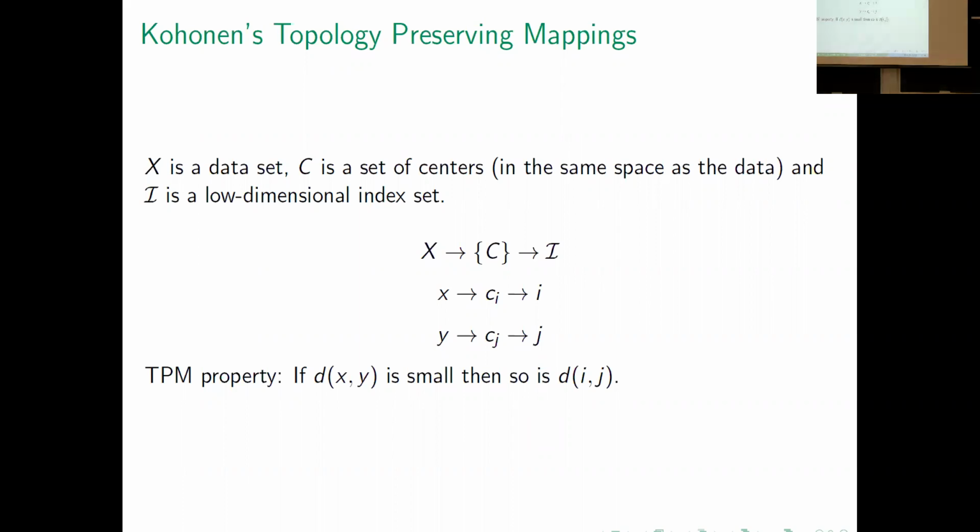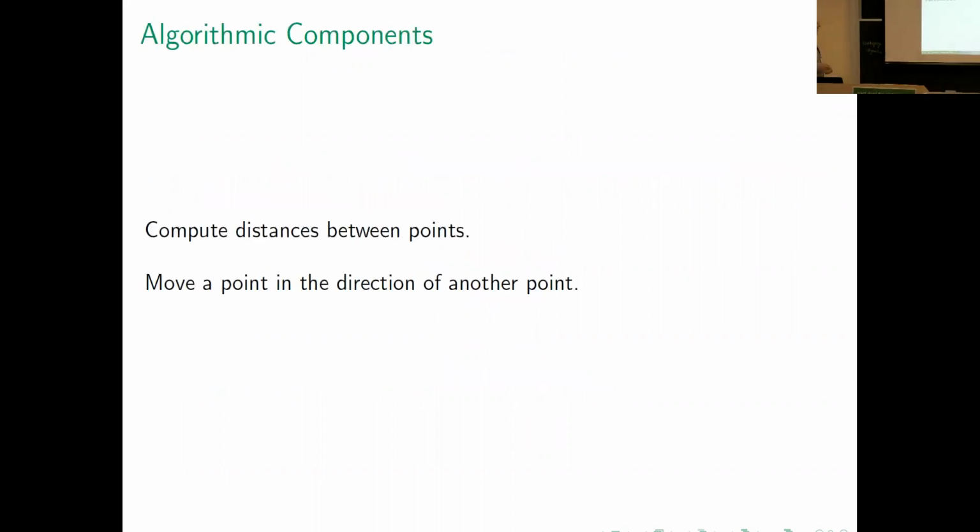And then you have this idea of a topology preserving mapping, which means that if points are close neighbors in the high D space, then their indices are neighbors in the low D space. What's neat about this algorithm is that it only needs two things. It's an algorithm on a vector space; that's how it was proposed.